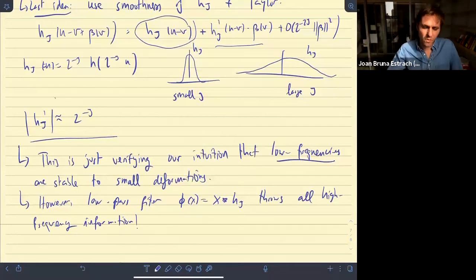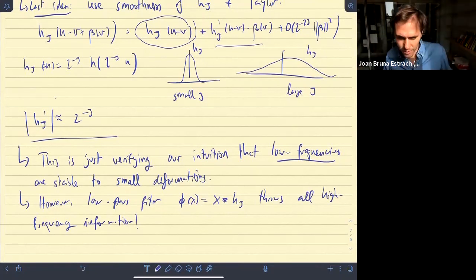So obviously, we don't want to do that. We don't want to just say, okay, I have this linear operator that is fantastic, that is just looking at the low frequencies. That's what you want to use for classification, right? This is completely throwing away information that is critical for classification.